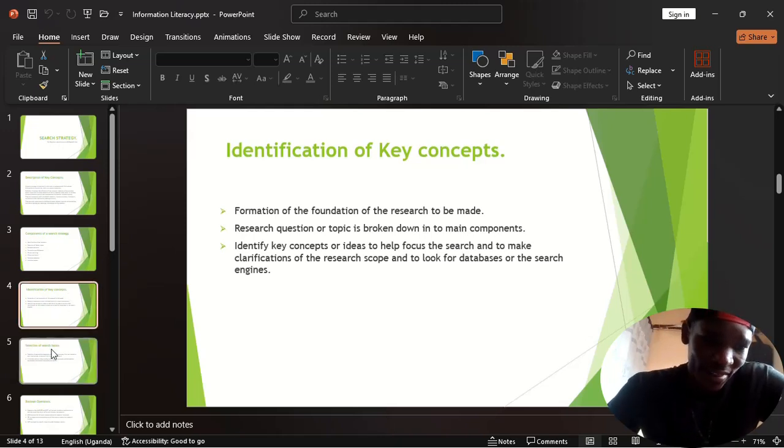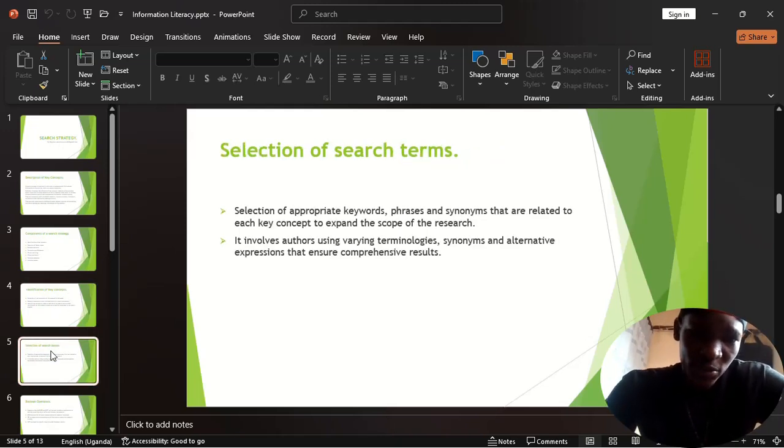The next thing I'll talk about is the selection of the search terms. It involves the selection of appropriate keywords, phrases, and synonyms that are related to each key concept, to expand the scope of the research.